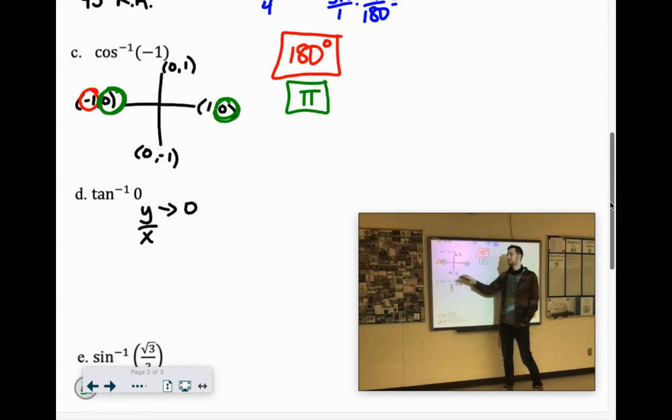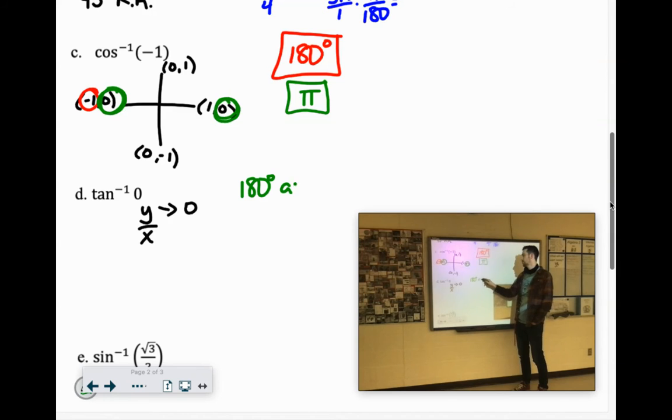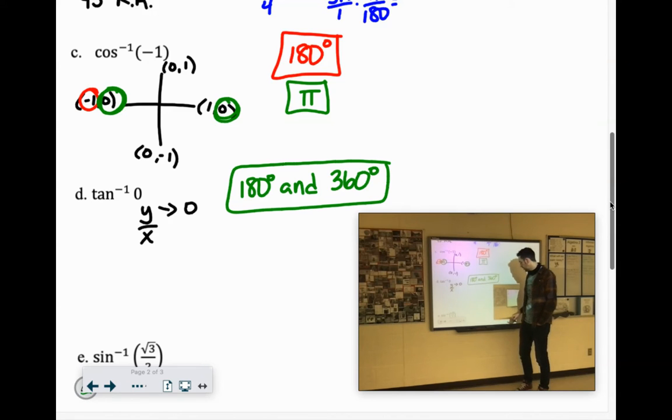So over here is 180 degrees. And over here is 0 degrees, but let's actually write it as 360 degrees. Now converting those into radians, 180 is pi radians, and 360, one full circle, is 2 pi radians.